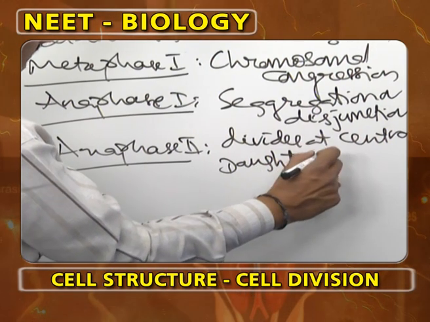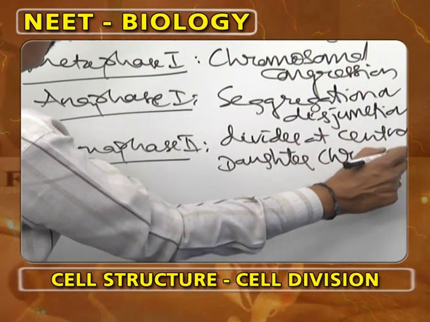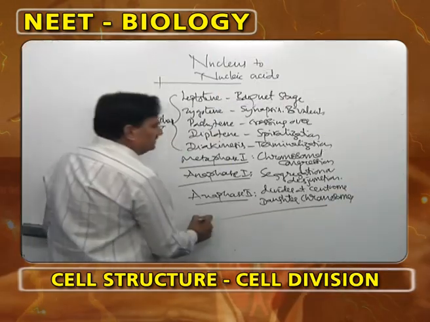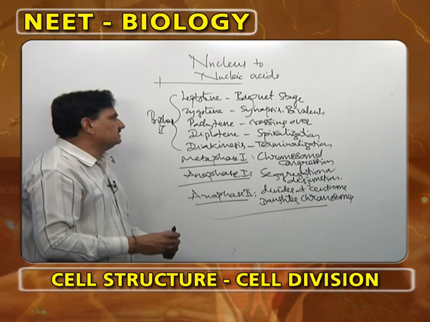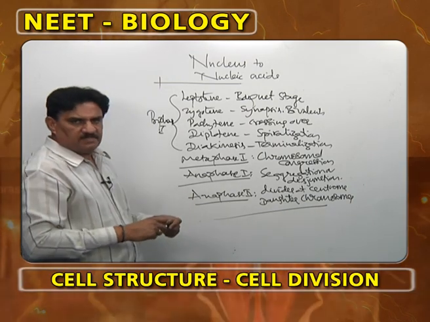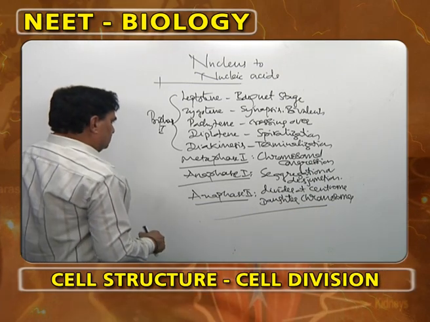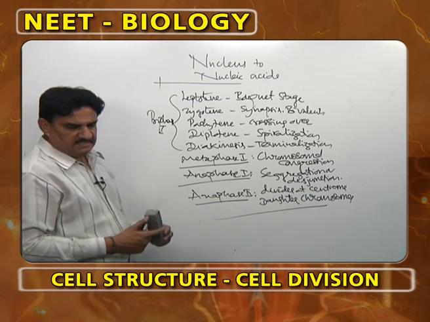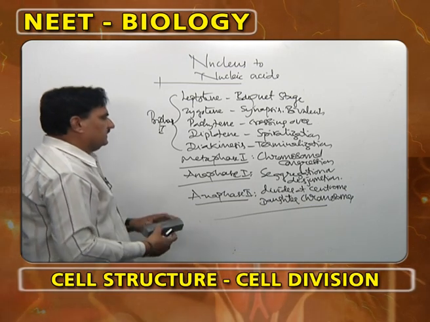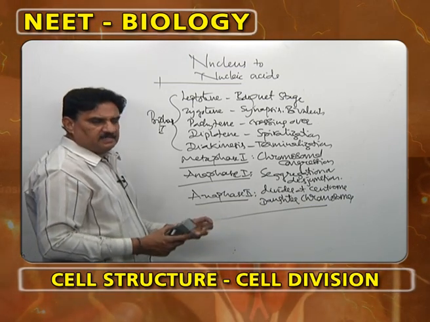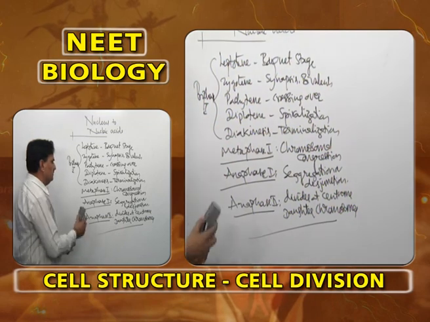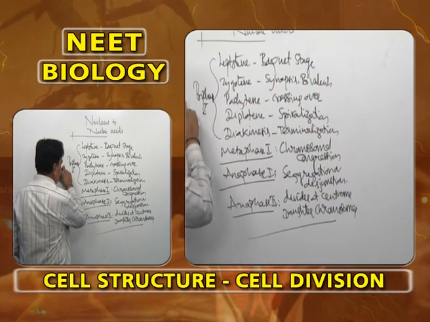This is the correct sequence of meiosis. So whenever a question is asked in sequence, you have to remember this. Leptotene: bouquet stage, homologous chromosomes grouped at one point. Zygotene: synapsis and formation of bivalents. Pachytene is crossing over. Diplotene is spiralization, contraction, condensation, thickening of chromosomes. Diakinesis is terminalization.